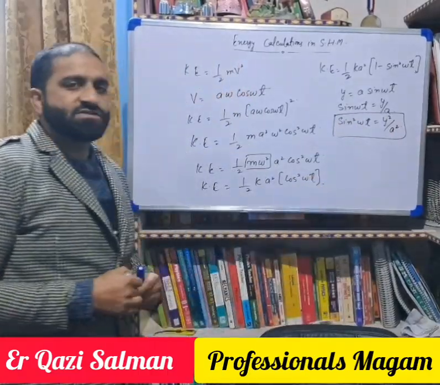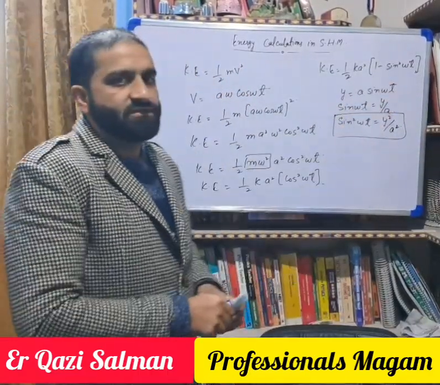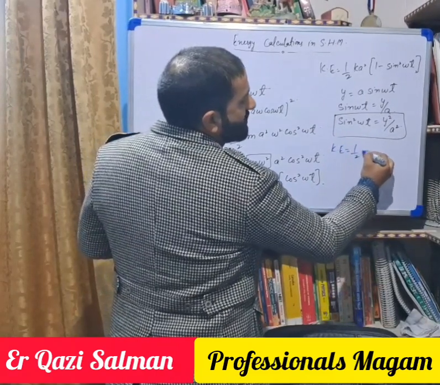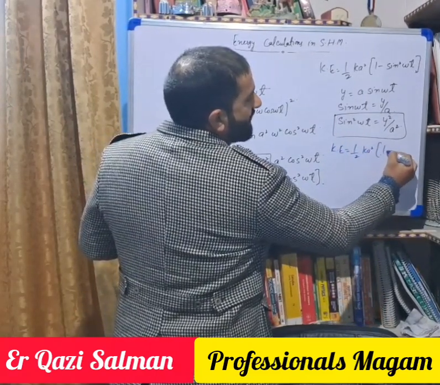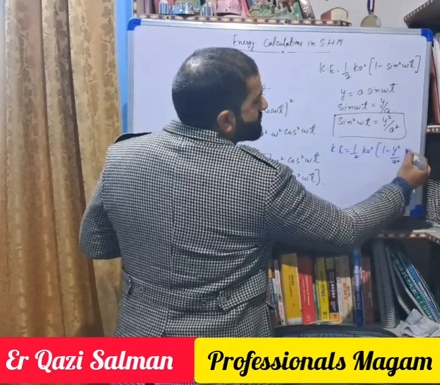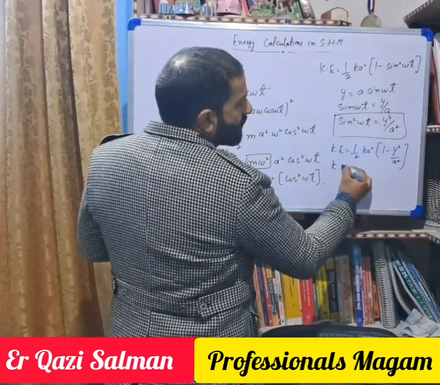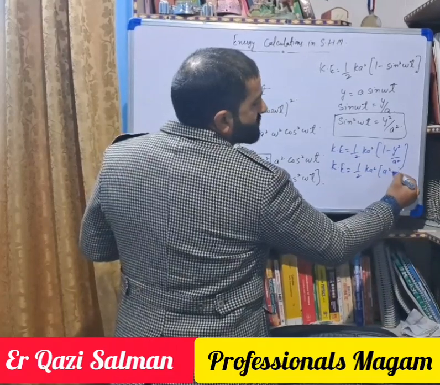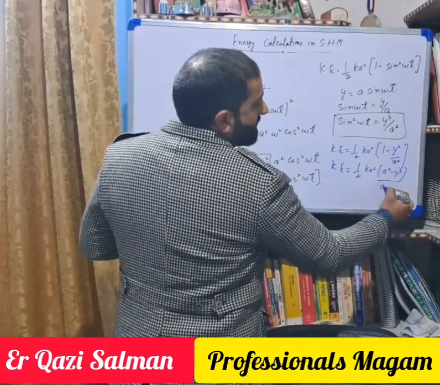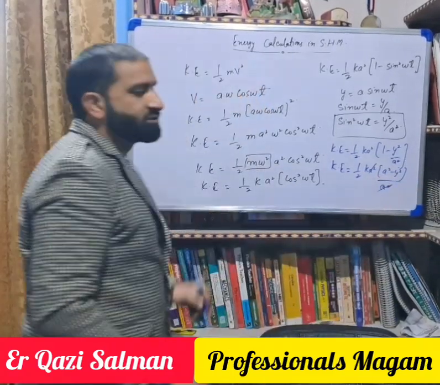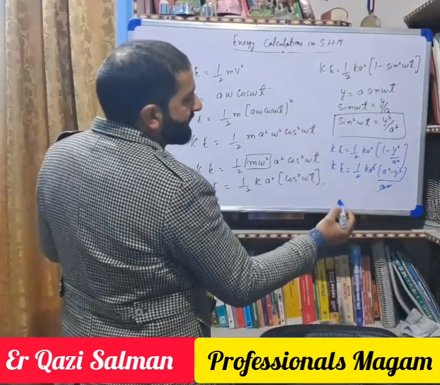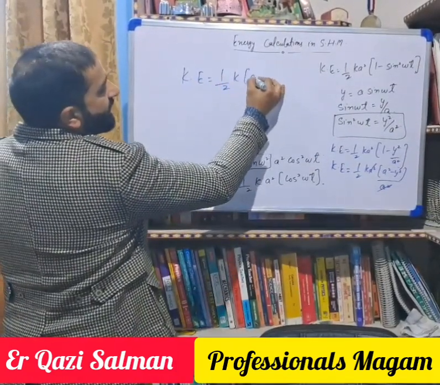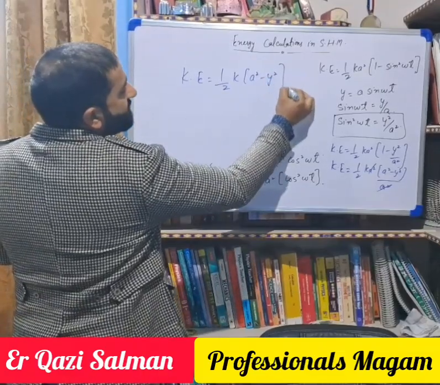Putting the value of sin² ωt here, we get kinetic energy equal to 1/2 K A² (1 − y²/A²). Now cross multiplying, that is 1/2 K A² (A² − y²) divided by A². A² and A² cancel. So kinetic energy equals 1/2 K (A² − y²).